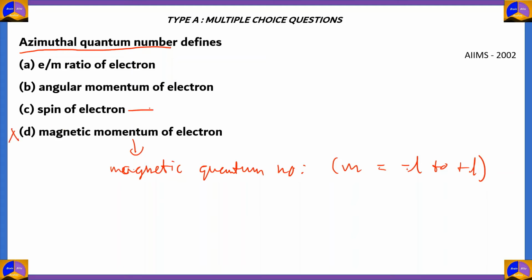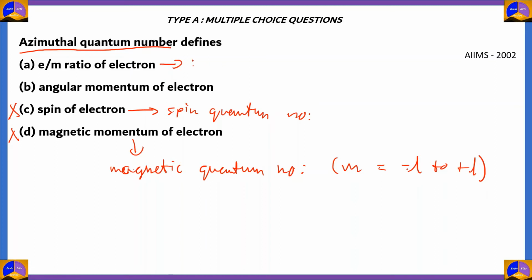Option C, spin of electron. This is defined by another quantum number, which is the spin quantum number. Now this defines the spin of an electron in an orbital. So option C is incorrect. Option A, E/m ratio of electron.